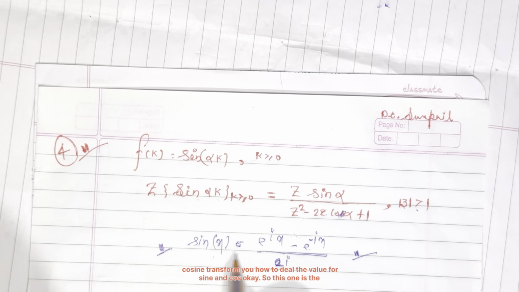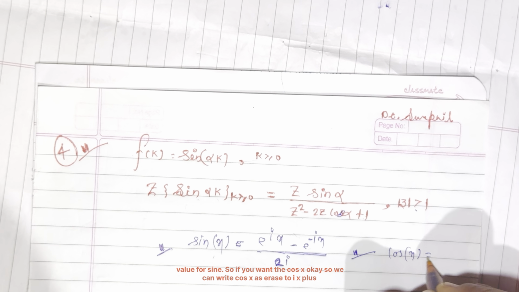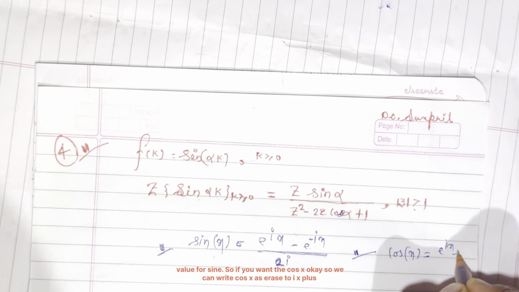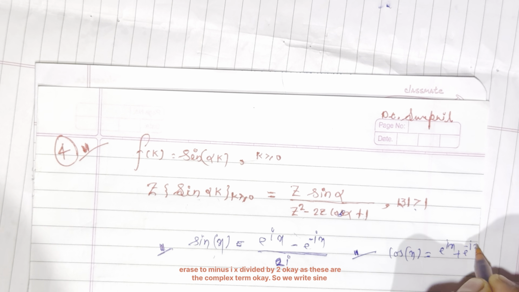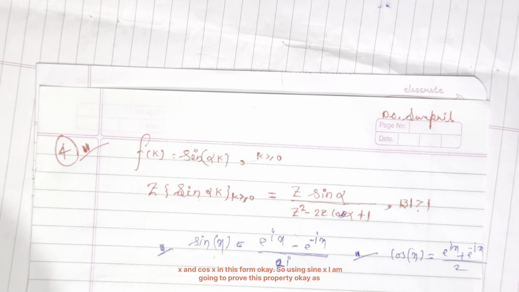If you want cos x, we can write it as e raised to ix plus e raised to minus ix, divided by 2. These are complex terms.